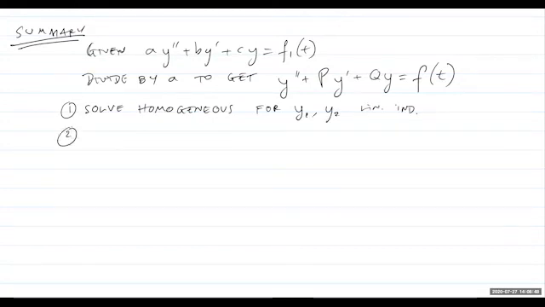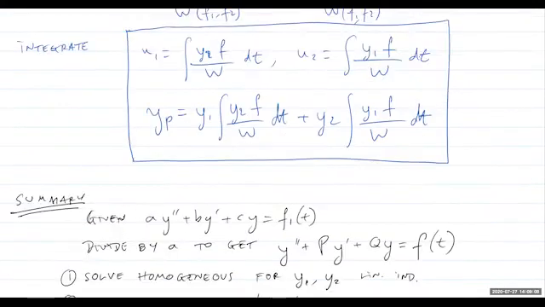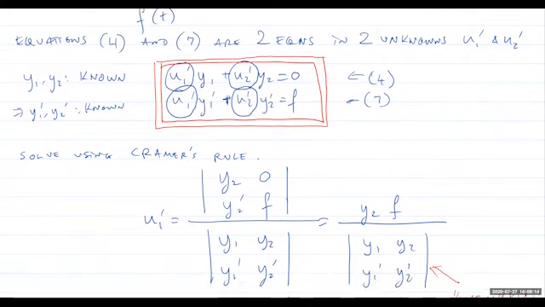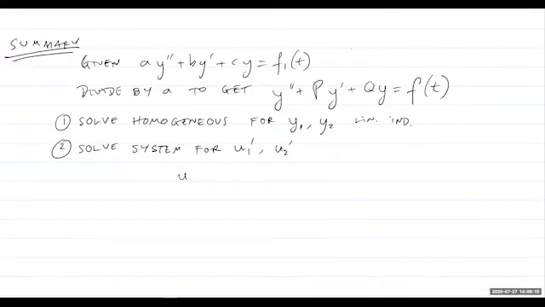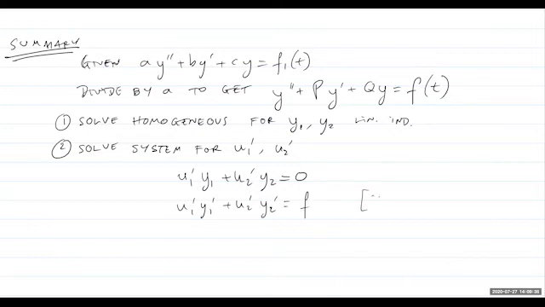Step 2. Solve this system, the one I boxed in double red, for u1 prime and u2 prime. u1 prime y1 plus u2 prime y2 equals 0. u1 prime y1 prime plus u2 prime y2 prime equals f, or f1 over a if you didn't divide at the beginning.